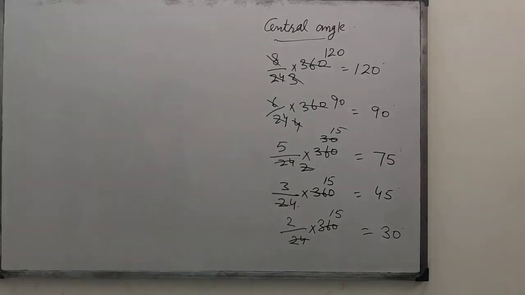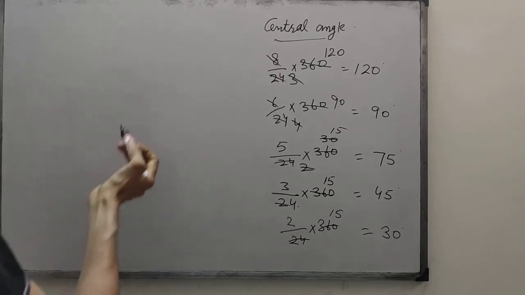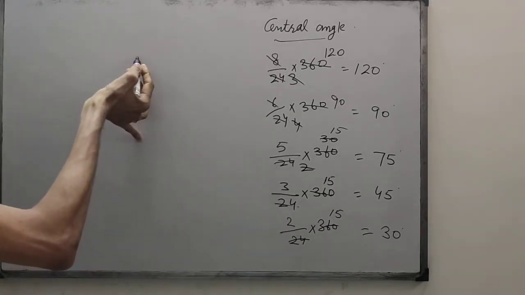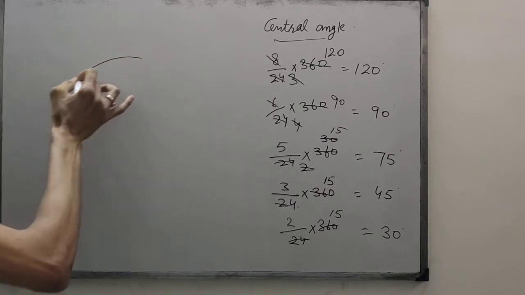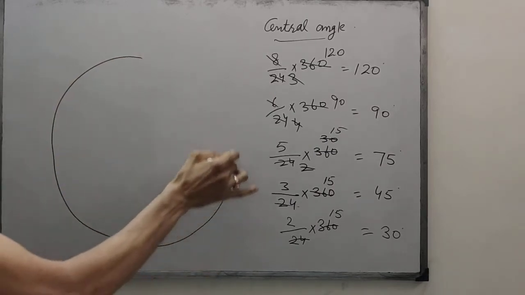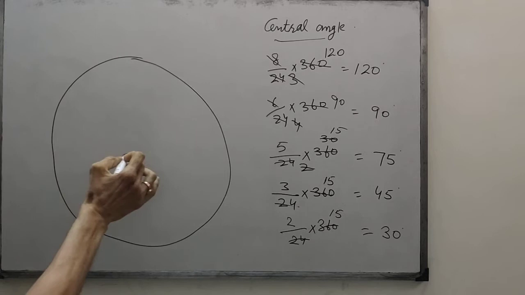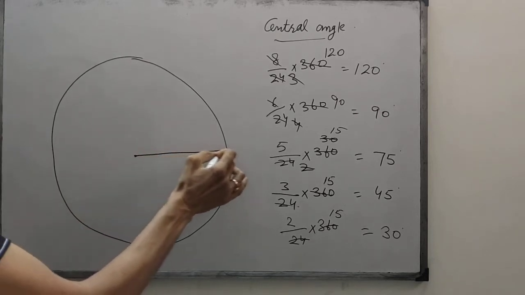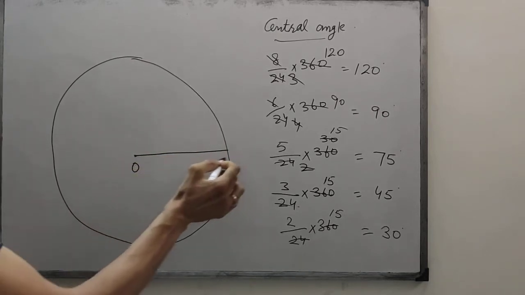First we draw a circle taking any radius. Whatever the radius, that is your choice. Put the compass here and take this much as radius. Draw this circle. Now draw any radius.